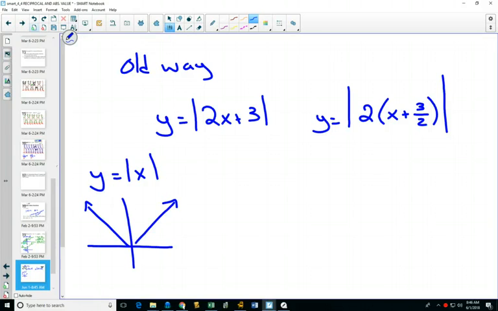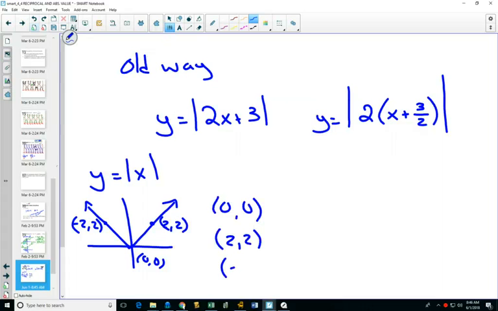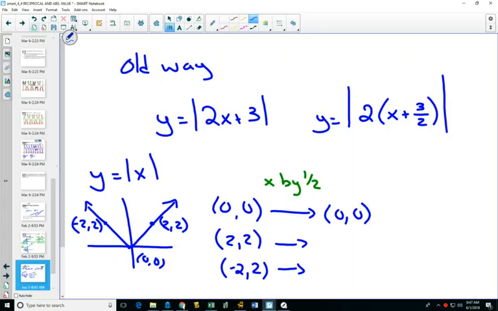And then I would take points on my original graph like (0, 0). Maybe I would choose (2, 2) and (-2, 2). First thing, in this first arrow, we show all of our stretches and compressions. So you would do x by 1/2. This one would stay (0, 0). This would become (1, 2) and (-1, 2).